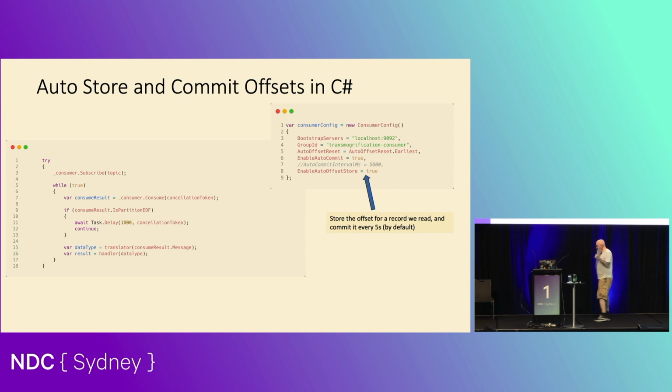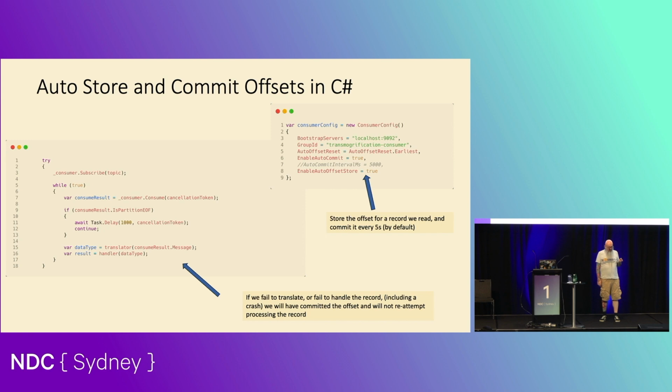Auto offset store equal true says, as soon as I've read it off, store the offset value to say, essentially, I've read that one. And auto offset commit rather says, every 5 seconds, go to the offset store, which it provides for you in memory, and write any commits to the Kafka server. Okay. And that is the out-of-the-box behavior.